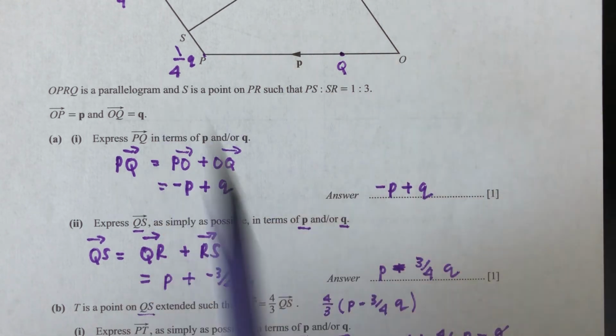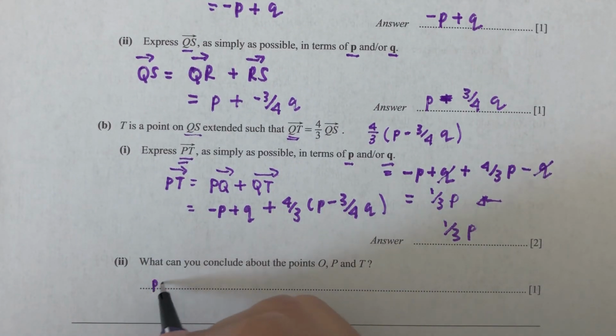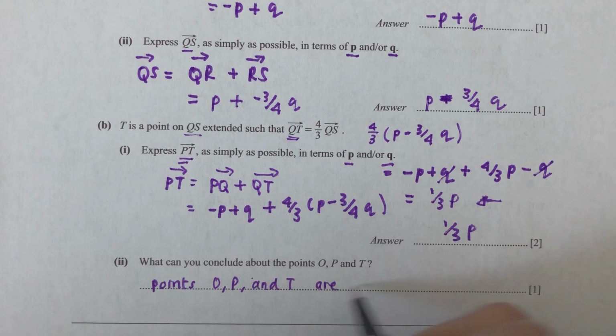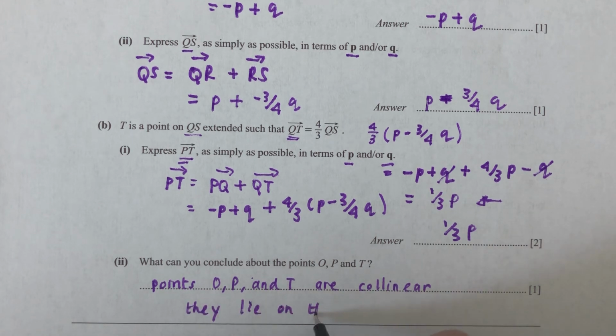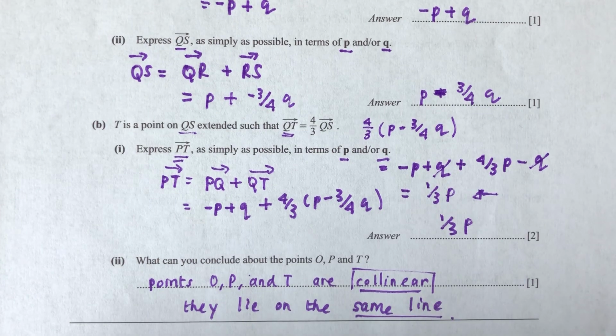So the conclusion is that the points O, P, and T are collinear because they lie on the same line. We have to use the term collinear to show they lie on the same line. So this one was not too bad, pretty easy.